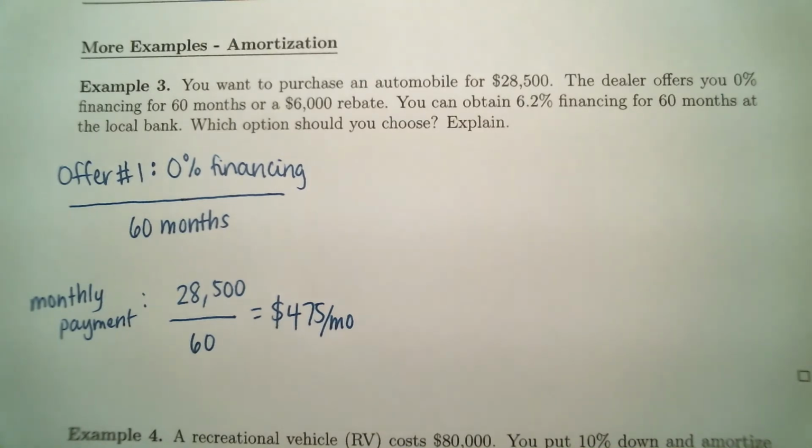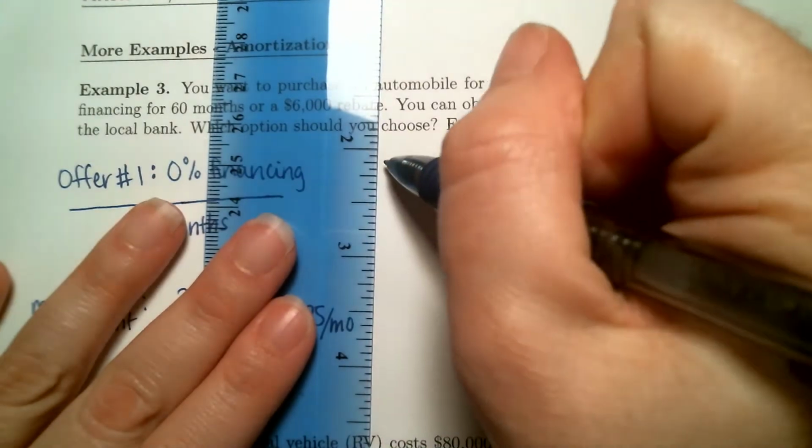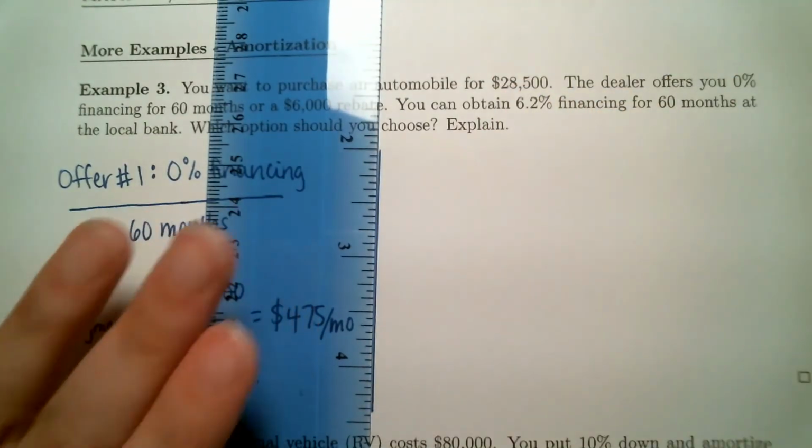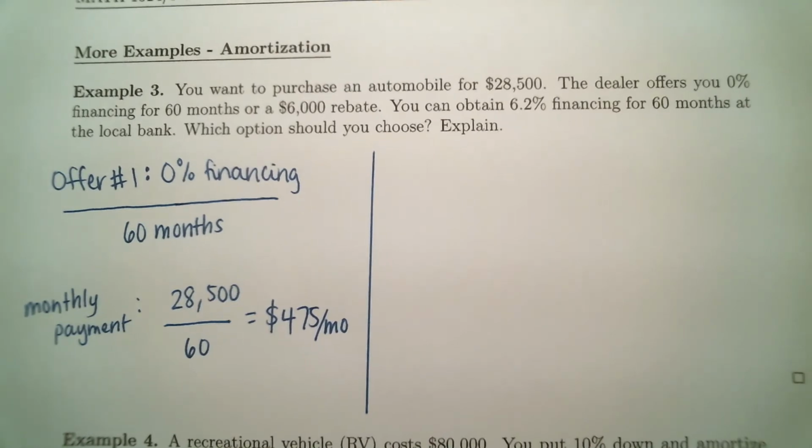So now let's talk about offer number 2, where you would have to finance the car loan. Again, let's read over the second option. You could get a $6,000 rebate, and in doing so, you would have to finance the rest of the money, and you can obtain 6.2% financing for 60 months at the local bank.